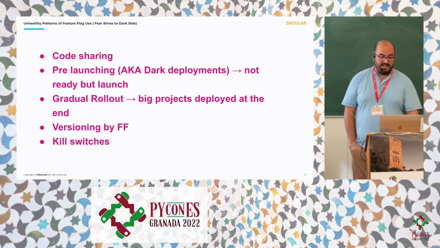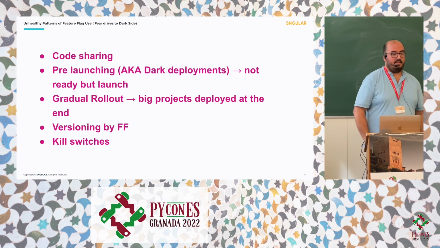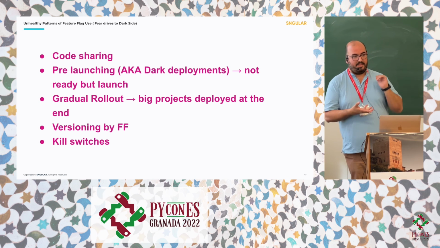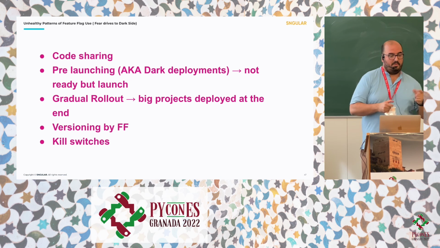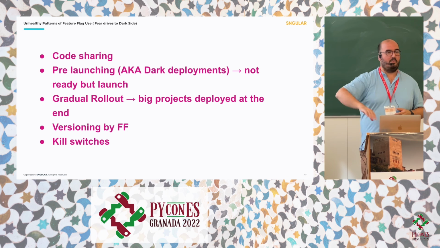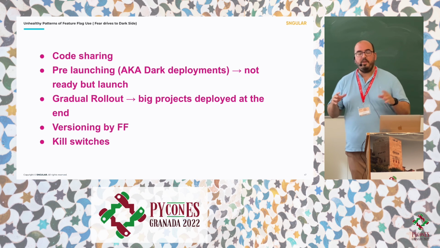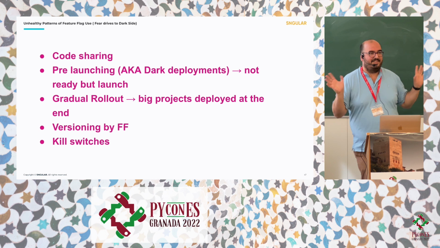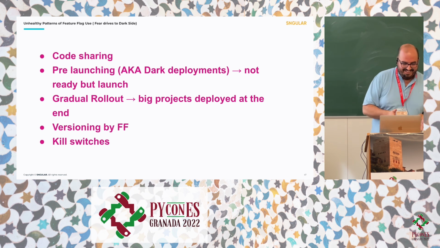Other things I saw and read: people sharing code. Hey, I'm going to pass this code, I'm going to wrap it in a feature flag, and I'm going to tell my colleague, hey, my work-in-progress code is there, but there is a feature flag, so don't worry, it's not going to run.